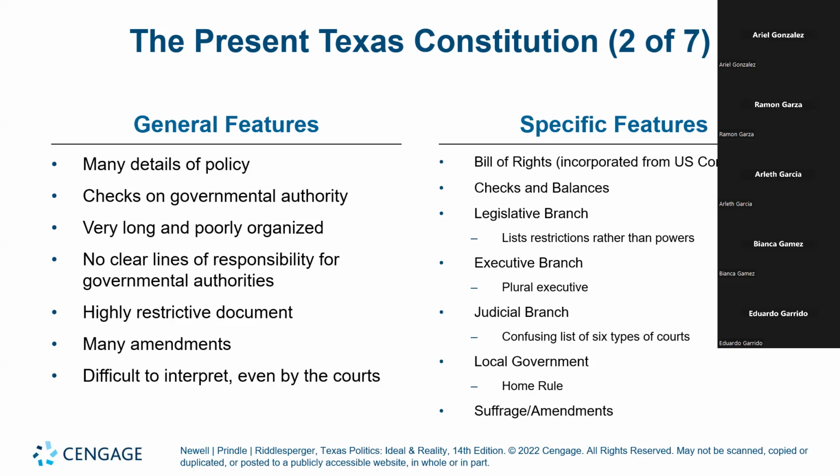And then, of course, local government. Home rule is an important concept where cities are able to craft their own city charters, as long as they're in compliance with the U.S. Constitution and the state constitution. Cities have a little bit more flexibility compared to counties. Counties don't have home rule set up, but cities do.